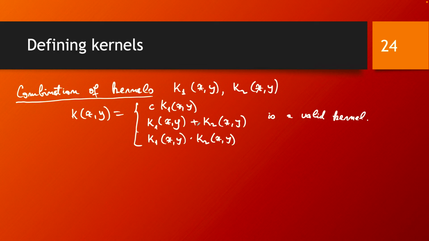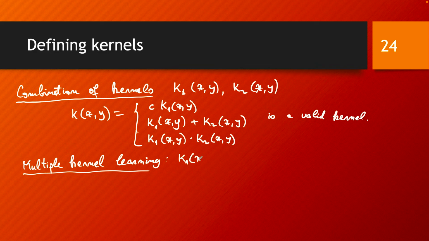And this can be, of course, generalized, just by using this multiplication and introducing it into the sum. This can be generalized to get so-called multiple kernel learning, which means that you have a number of kernels in front of you. Let's say you have K1 of X and Y, and you have a number of these, maybe M such kernels. And in fact, you can use all of them simultaneously in the following way.